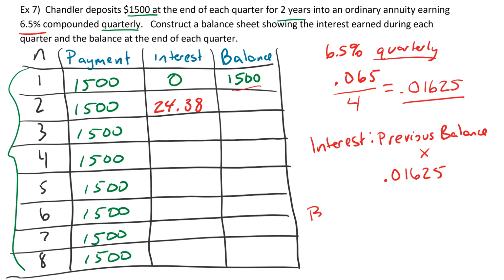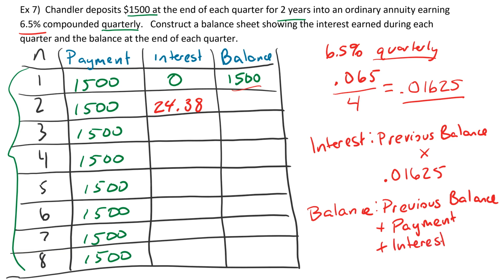Now to find the new balance. For our new balance, we already had $1,500 in there. So we take the previous balance, and to that we add our payment, because we put another $1,500 in there, and we add our interest. That gives us the new balance.